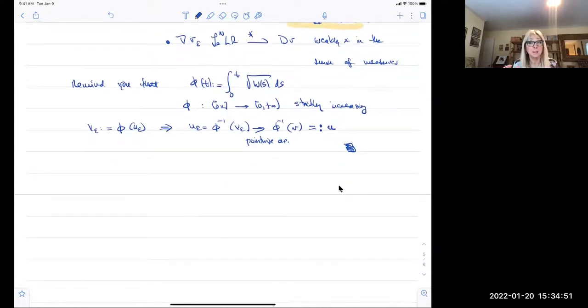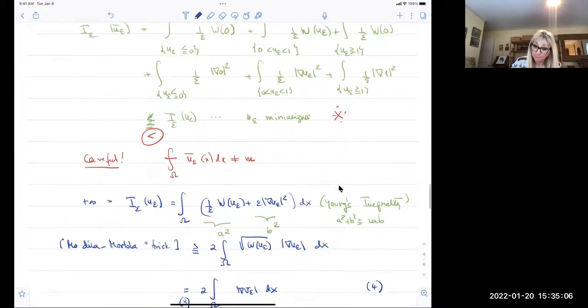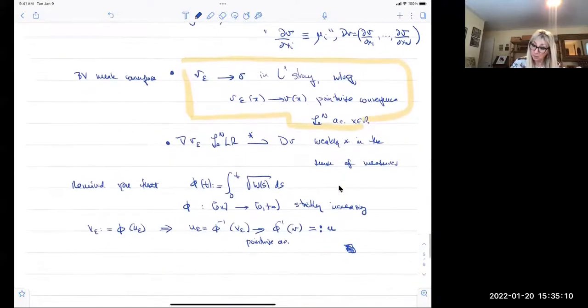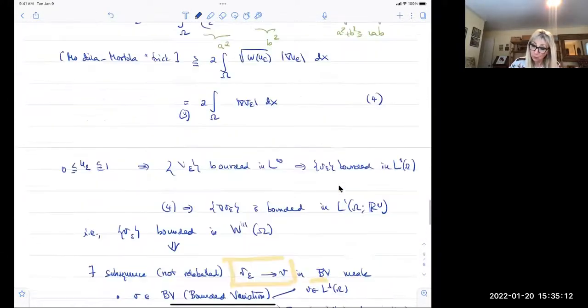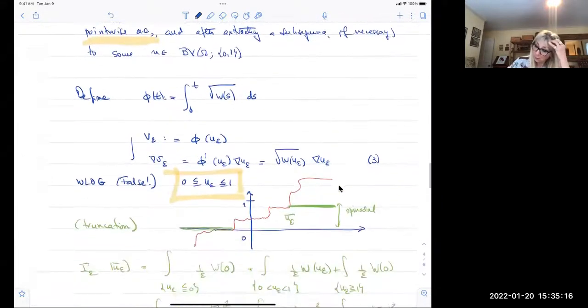But the idea is going to be to use this Young's inequality or Cauchy-Schwarz inequality, and to reduce this to an energy that has no epsilons. The epsilons canceled out, right? So you see here, where did I do that?